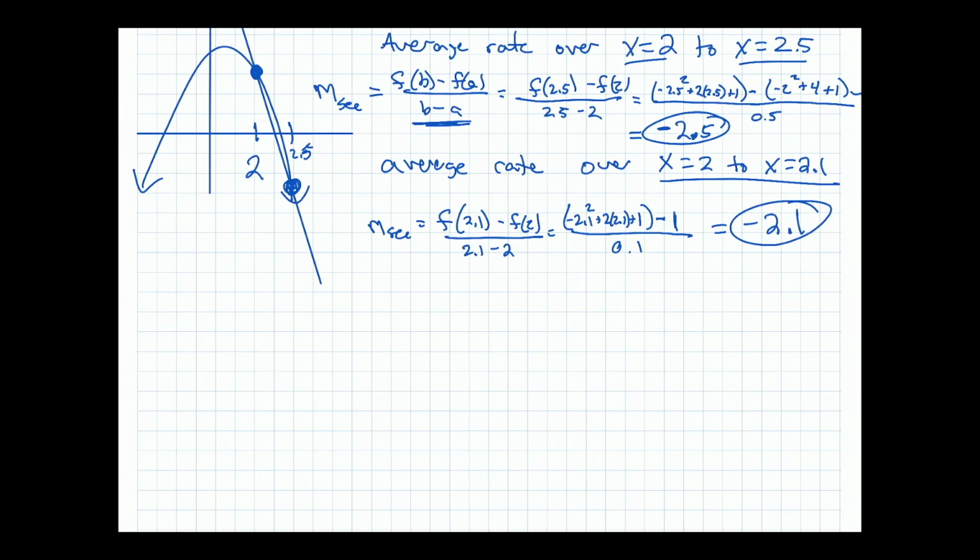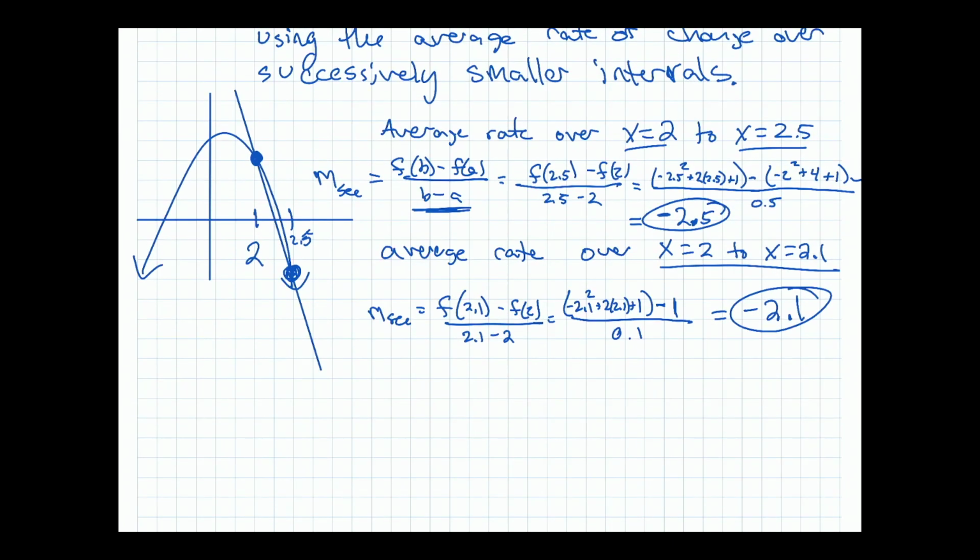Try it again. So what that is, we did like the first one and we got negative 2.5, right? Well, then we took this point from 2.5 here, and we just moved it really close to the 2. So we got a point here now, and then we drew that line, and that has a different slope. So we got the 2 points closer together here, and then we're going to do it again.